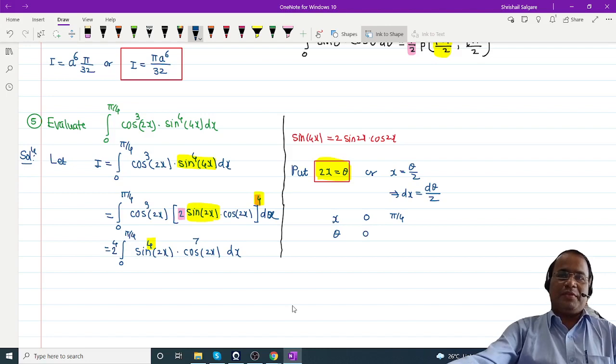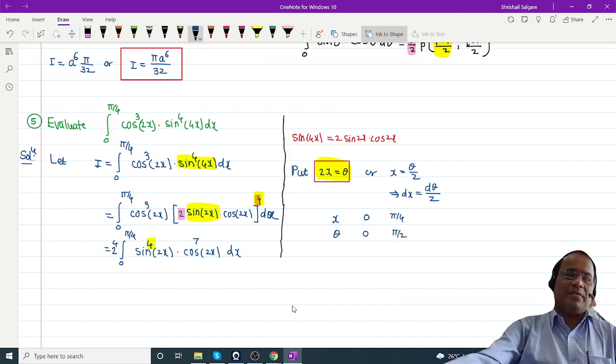If you substitute x is equal to pi by 4, then you get the limit pi by 2, and that is our requirement. So further it can be written as 2 raised to 4 into the new limits from 0 to pi by 2. Now this is sine theta raised to 4 into cos theta raised to 7, and dx is d theta by 2.